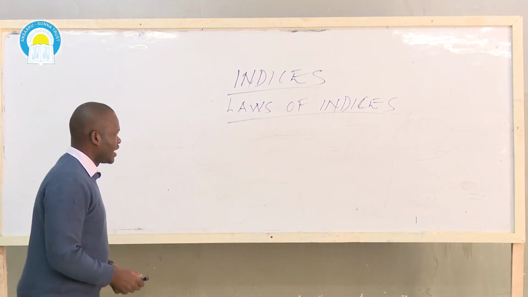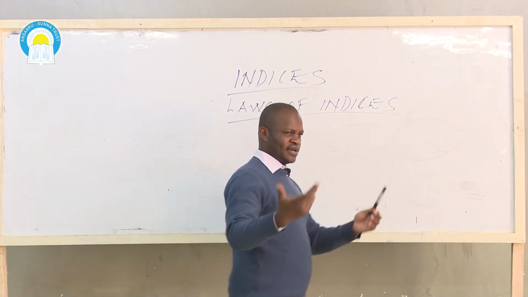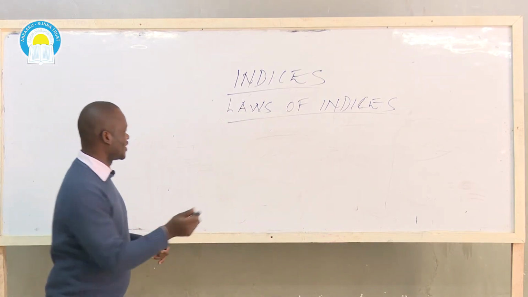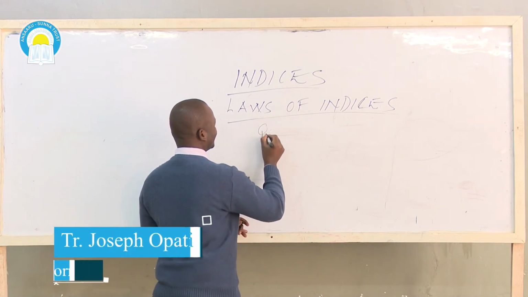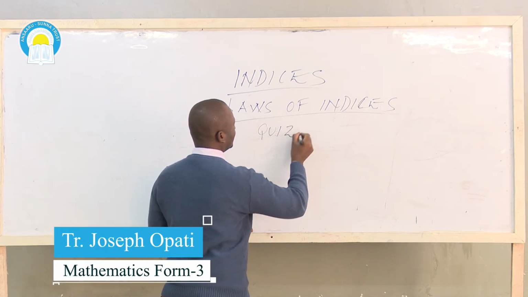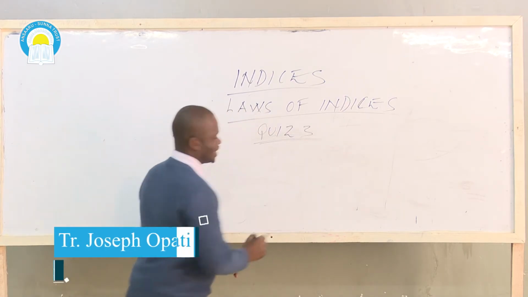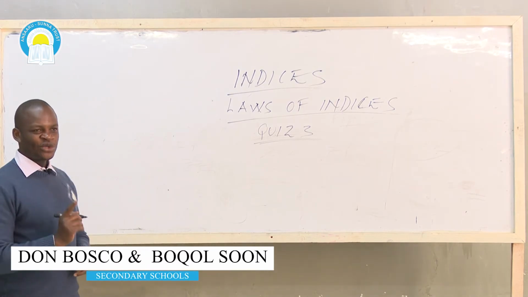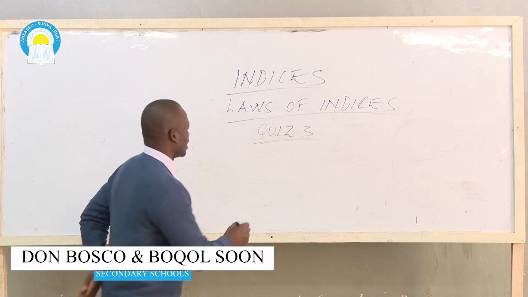Now, I think before we go to the fourth law, I must be fair to this law. Let me give examples. We have Quiz 3, of course, a quiz in relation to our third law.